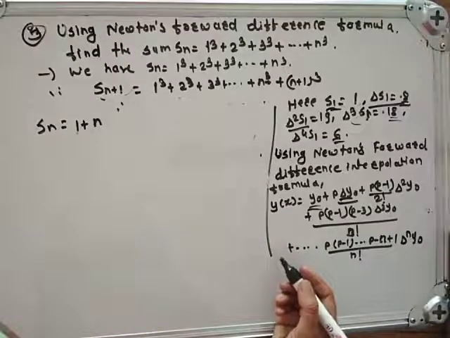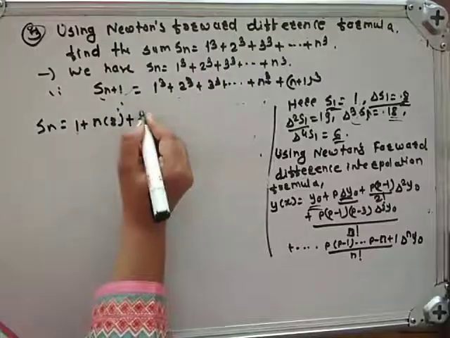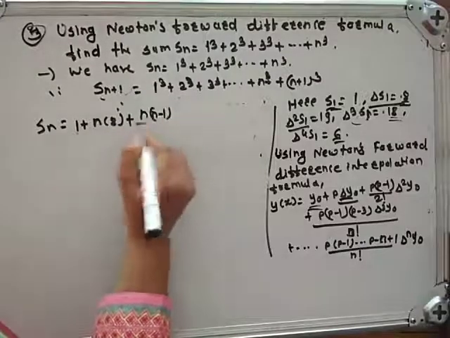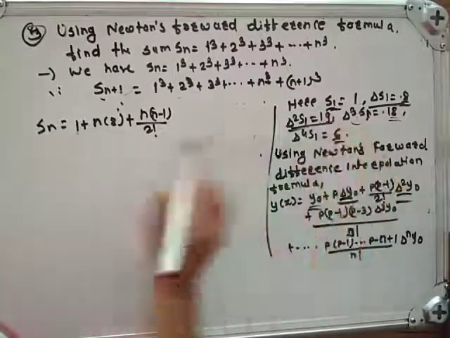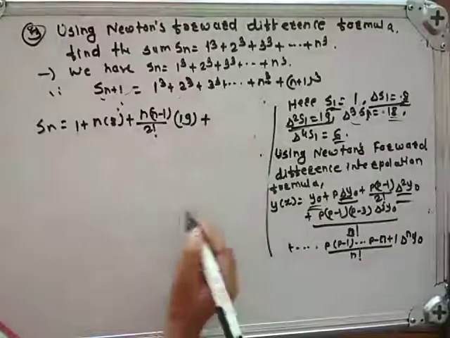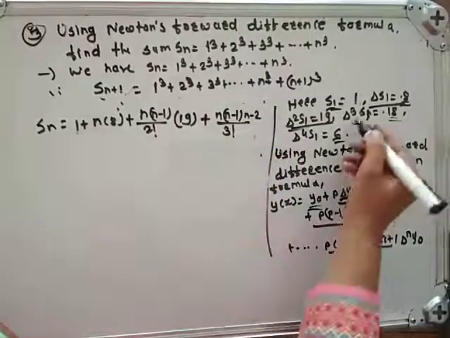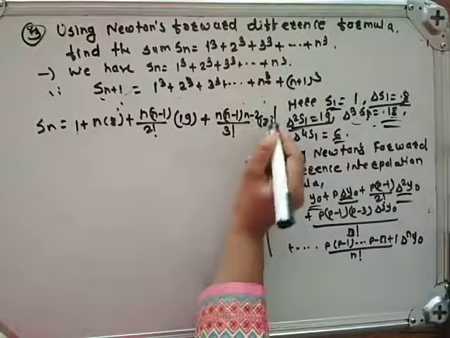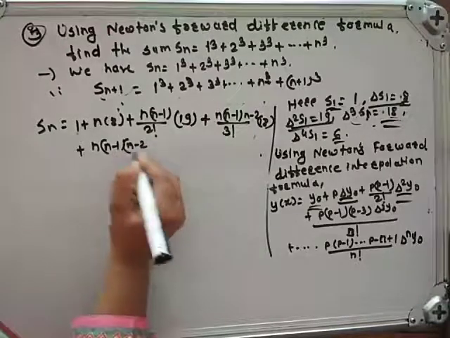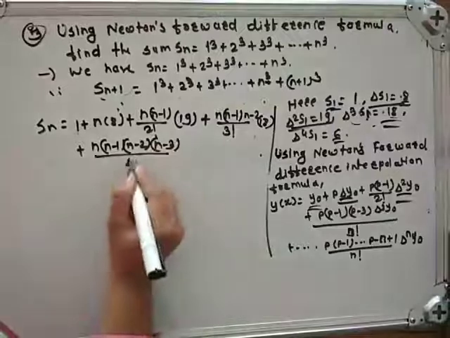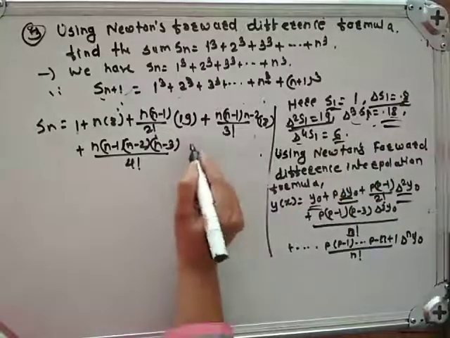Delta y0 means delta S1, which is 8, so n into 8, plus the next term n(n minus 1) upon 2 factorial into delta square S1, which is 19, plus n(n minus 1)(n minus 2) upon 3 factorial into delta cube S1, which is 18, plus n(n minus 1)(n minus 2)(n minus 3) upon 4 factorial into delta raised to 4 S1, which is 6.